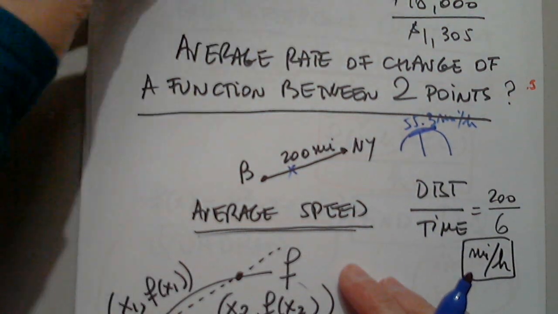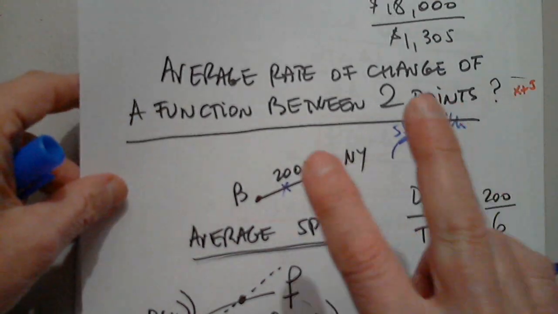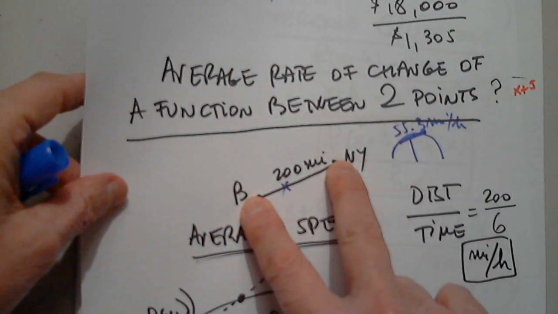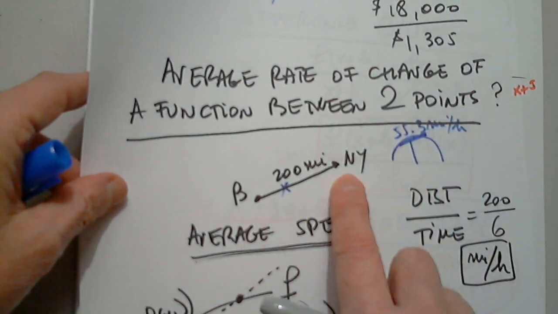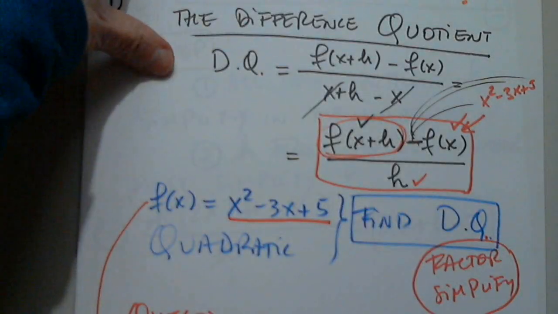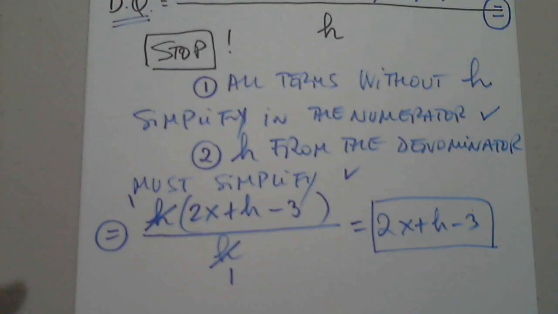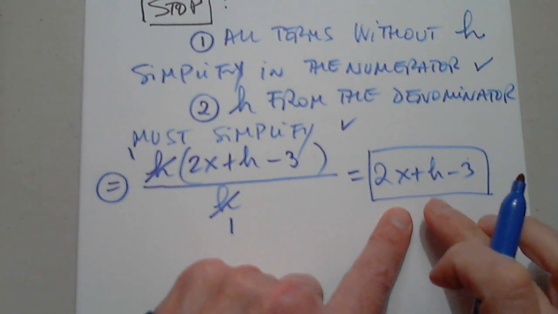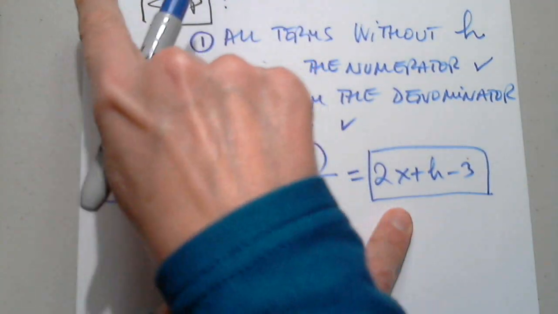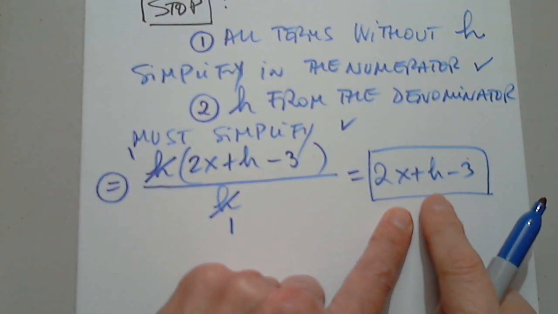So that's the difference between these two. The average rate of change gives us the average between Baltimore and New York. But if you want me to tell you the instantaneous rate of change, that has something to do with the difference quotient, unless I have the odometer to look at it.